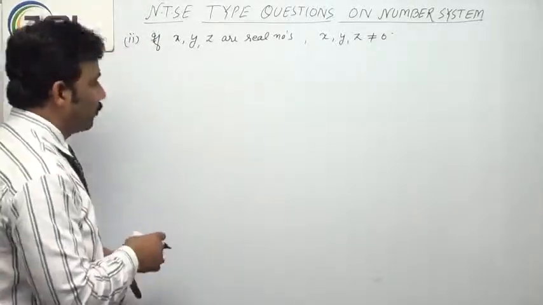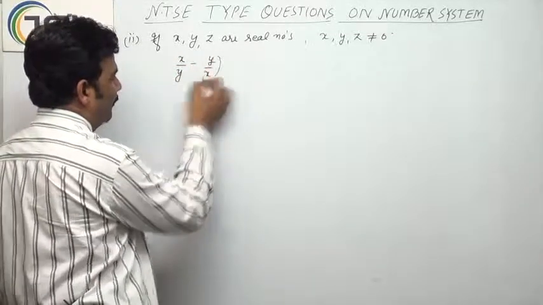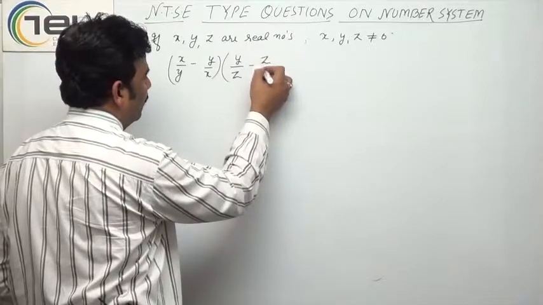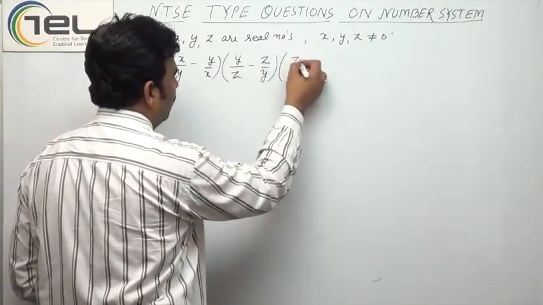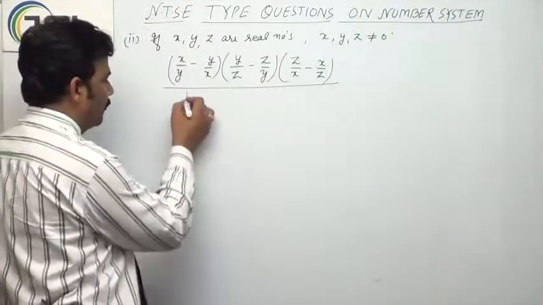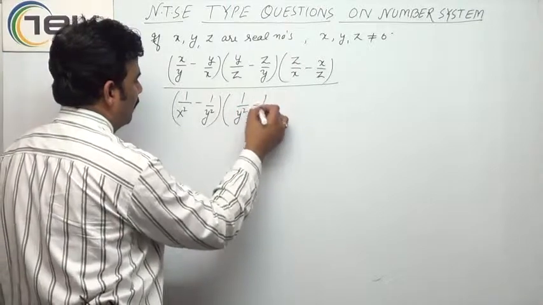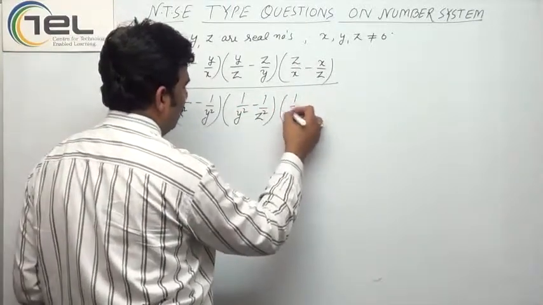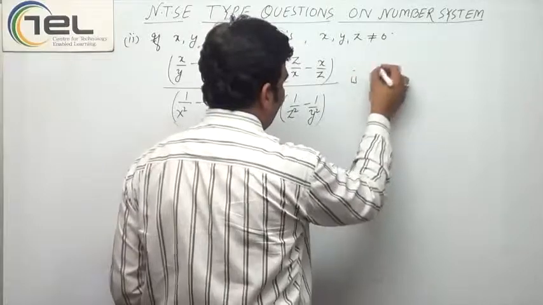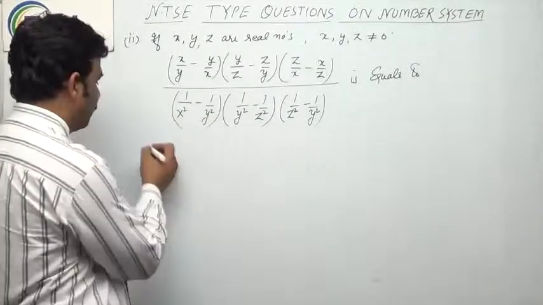So the option goes with this way, is equal to, we have the options.